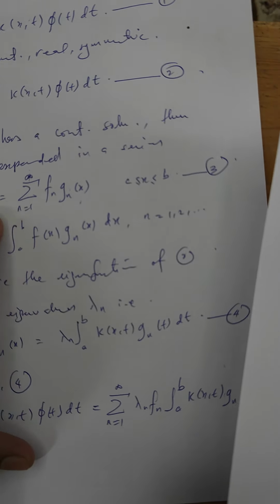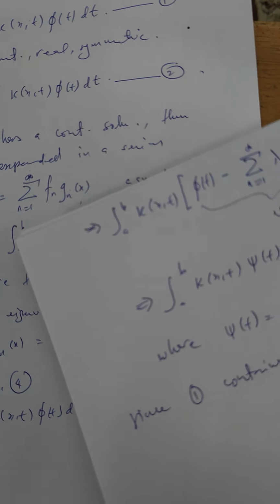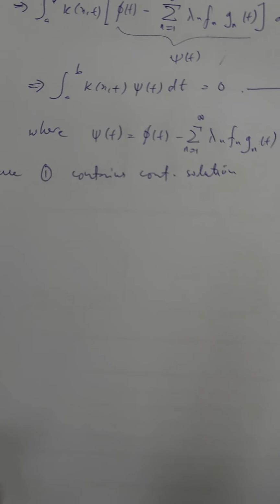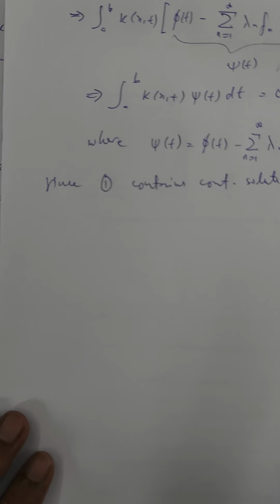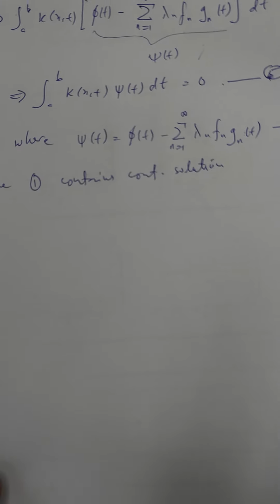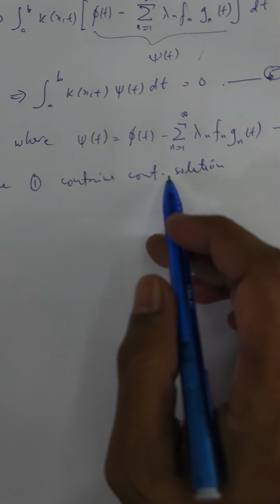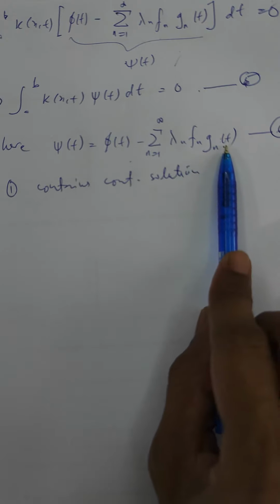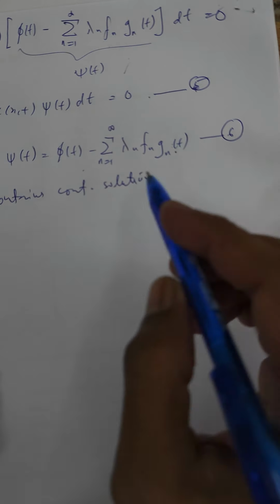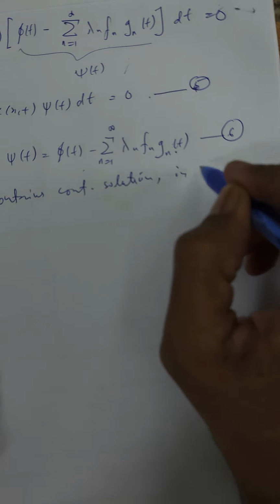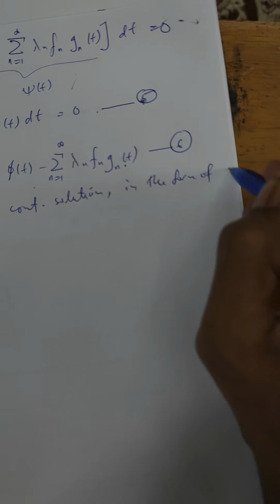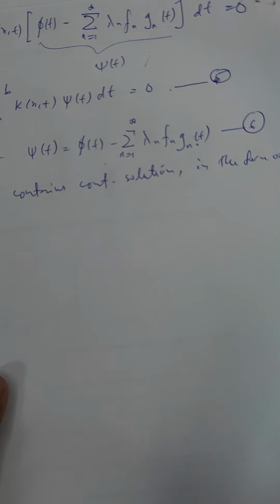We can expand f x as that, because 1 has a continuous solution. So given 1, since 1 contains the continuous solution, which is of that form, it must be in the form of equation number 6 there.